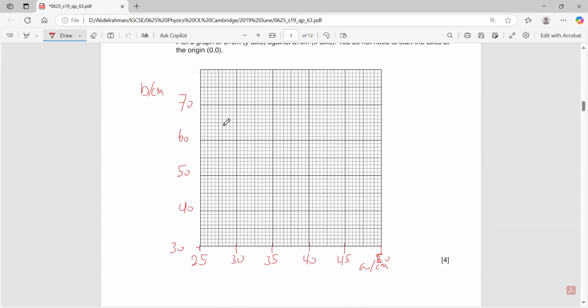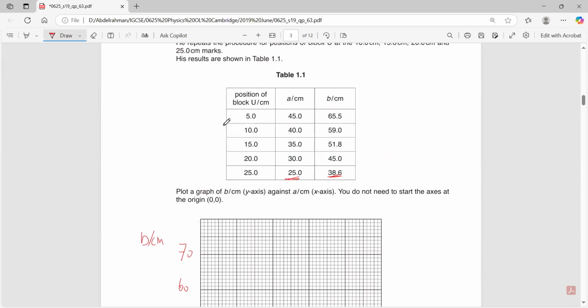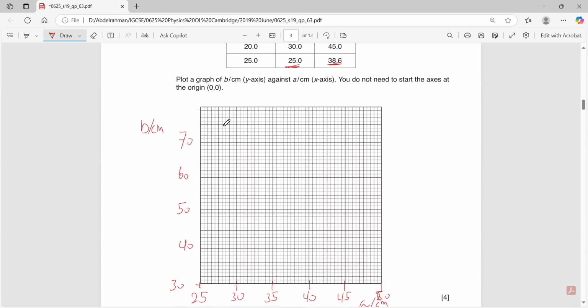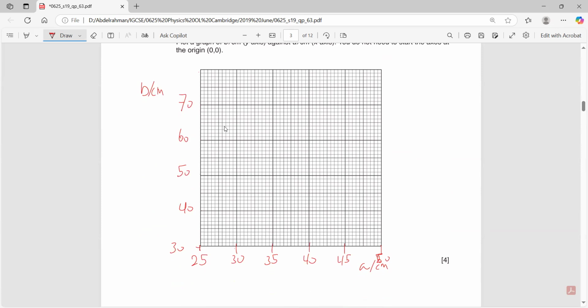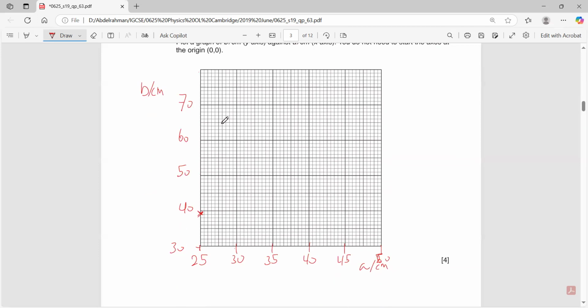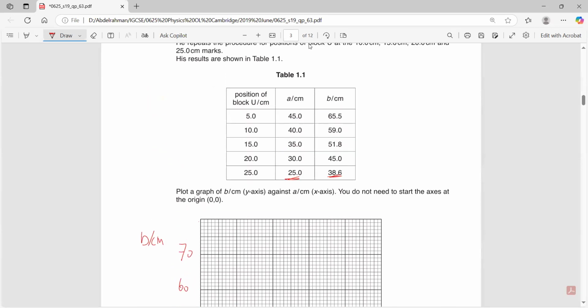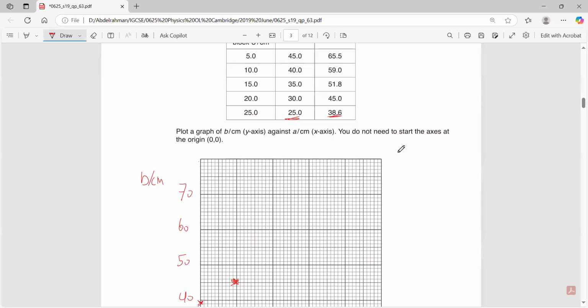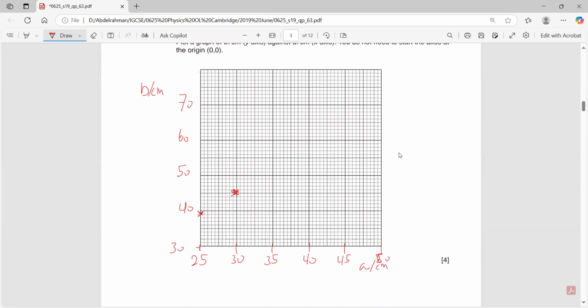Now, 25 and we said 38.6, which is 39. So this point over here is 39. And 30 with 45. I guess this is easy. 30 and 45, this point. Right, 35 and 51.8, which is 52.